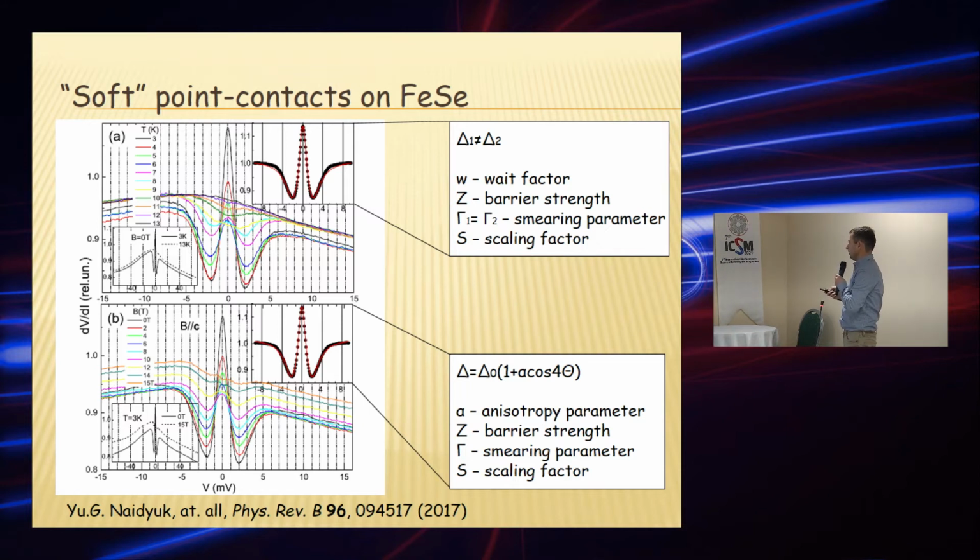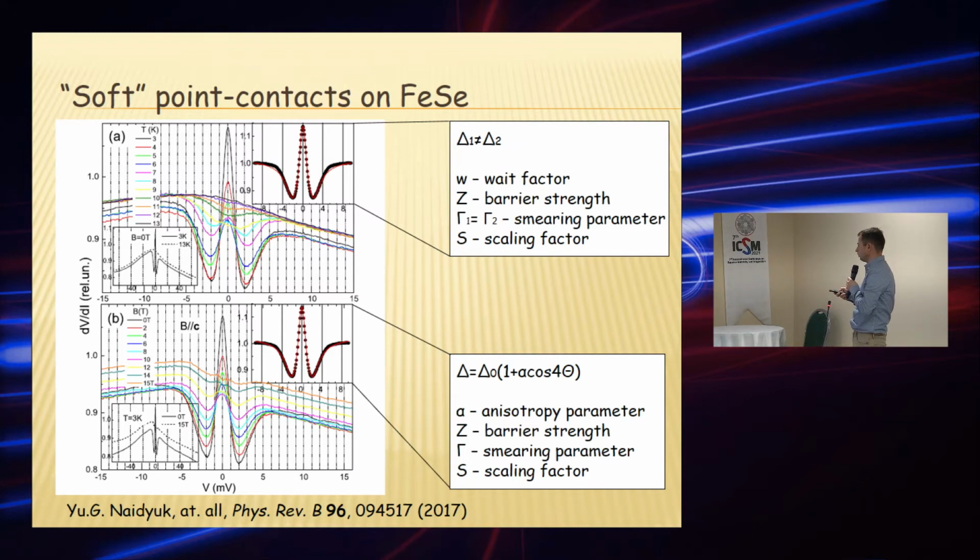The parameters we used for the fitting, in the case of two gaps, include a weight factor, which says how much the presence of one gap dominates over the other. Also, there was a barrier parameter.